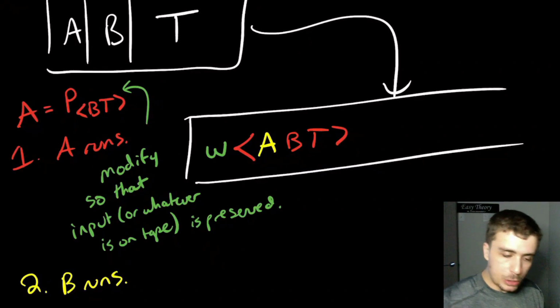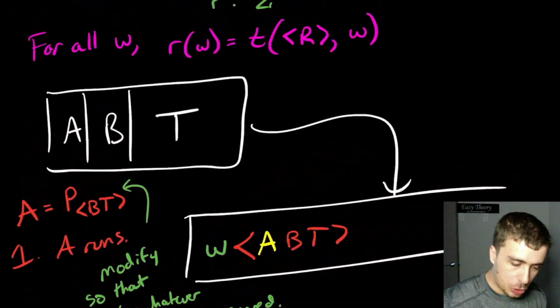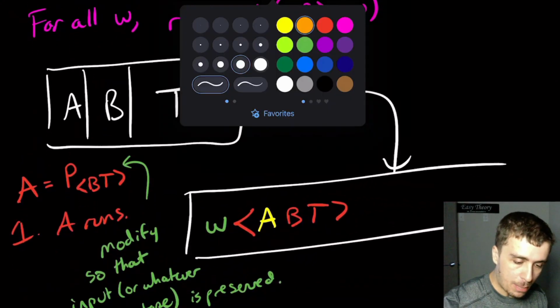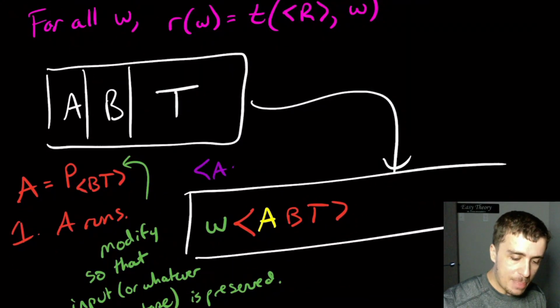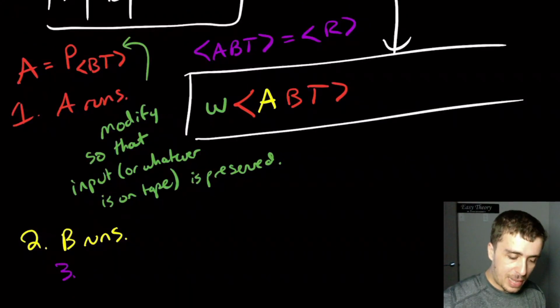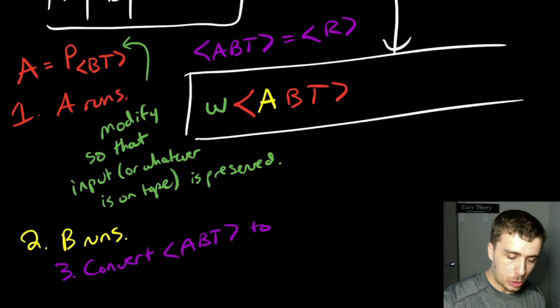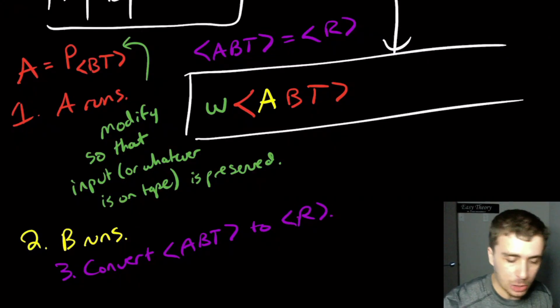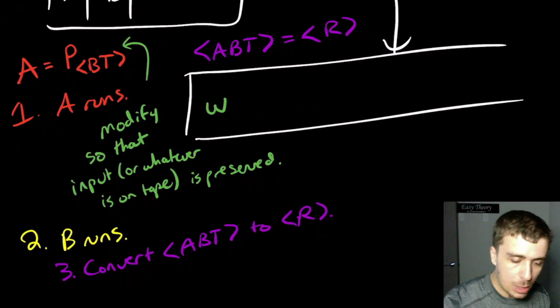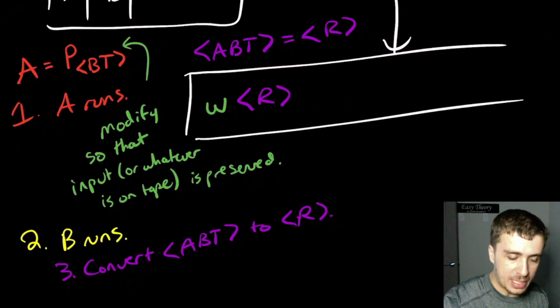Well, what we're going to do is this machine, I'm going to call R. So this ABT machine, I'm going to define as R. That means that we're going to convert ABT to R. Not convert, that's what it's defined to be. I'm just going to write it differently. So here we're going to have R on the tape.